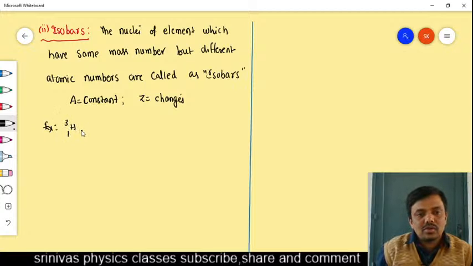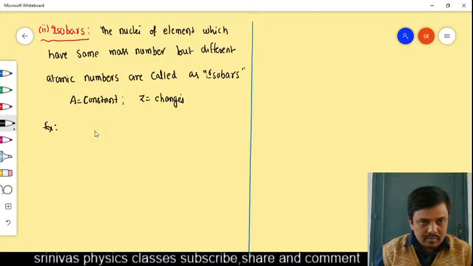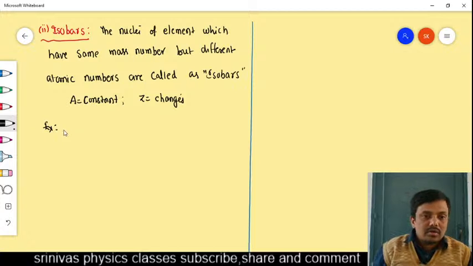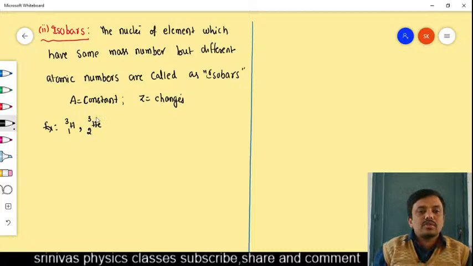1H3, you know this one. Isobars means the mass number should be the same. I will take that 1H3 and the other one is 2He3. This is a hydrogen isotope, this is a helium isotope, and these two have the same mass number. You see 3 and 3, the mass number is the same.